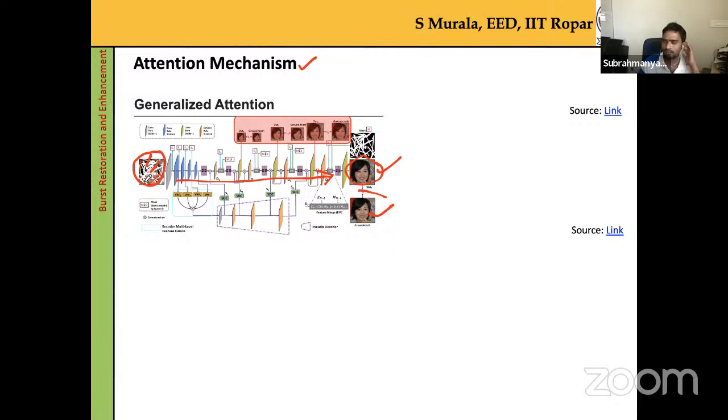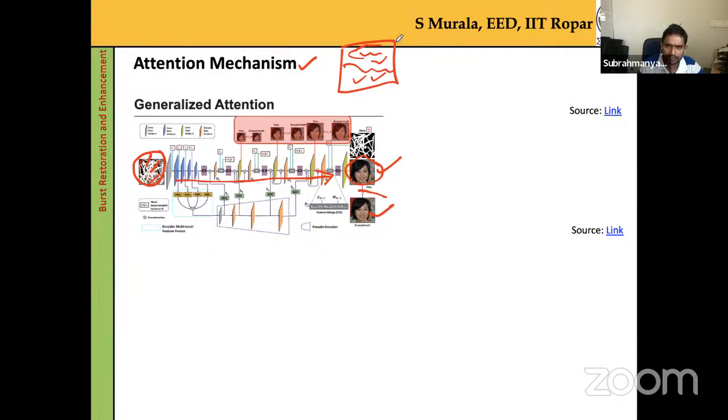You don't know where the image got disturbed. Let's say this is an image, and if this total region has full information with no blurred content, but this portion got blurred.